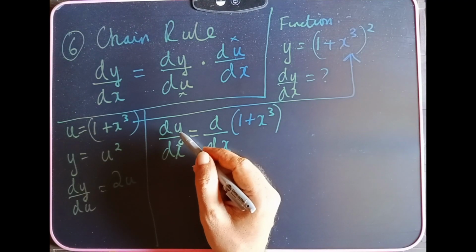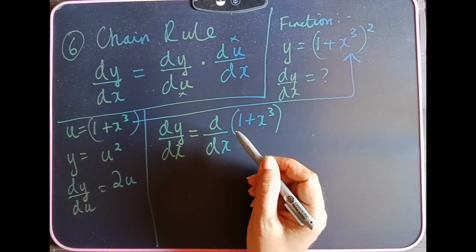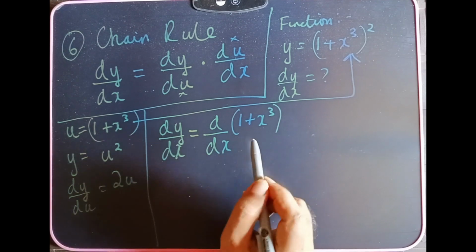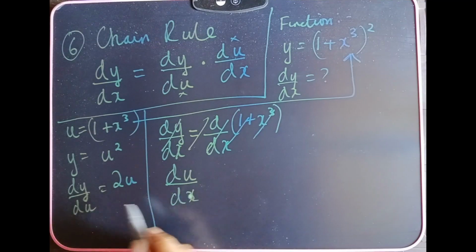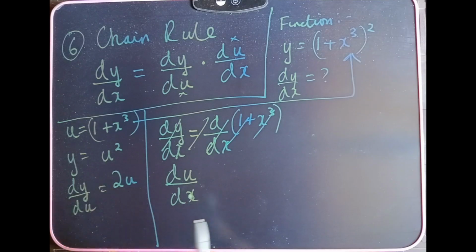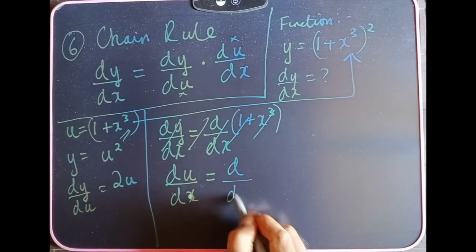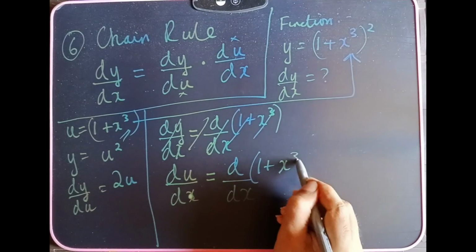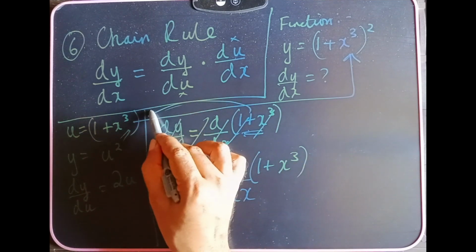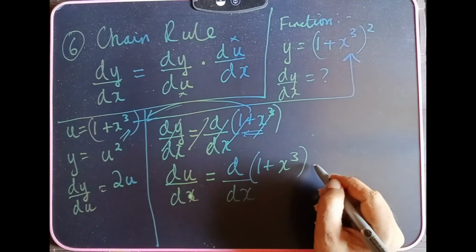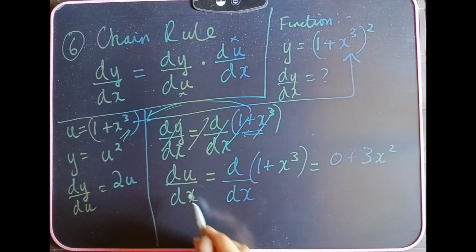I want to do du by dx. Sorry, this is a mistake. We found y is equal to u square, dy by du is 2u. Now du by dx will be the differentiation of u, which is 1 plus x cube. Here instead of writing u, I wrote y. It should be u. So what will I get here? The constant's derivative will become 0, plus 3x square. This is going to be du by dx.